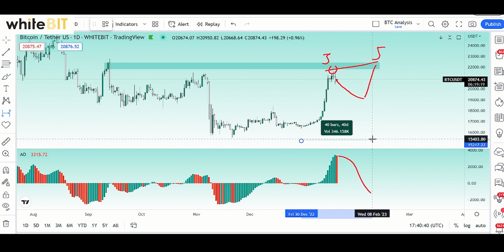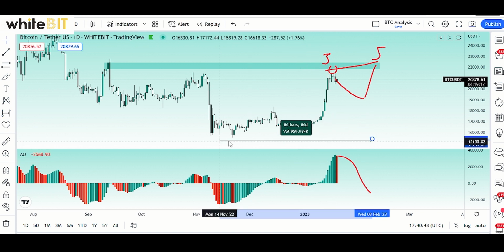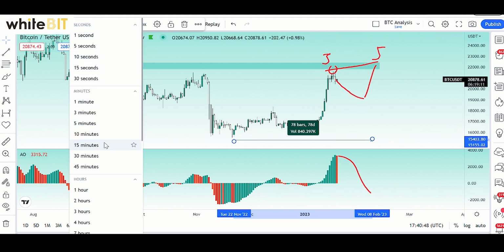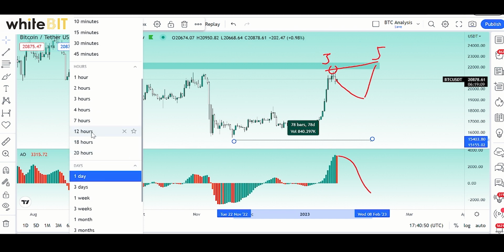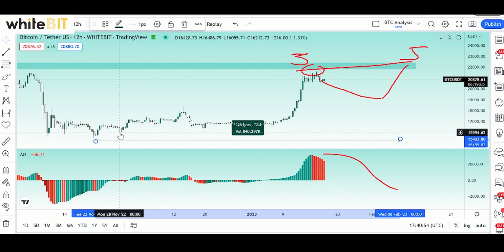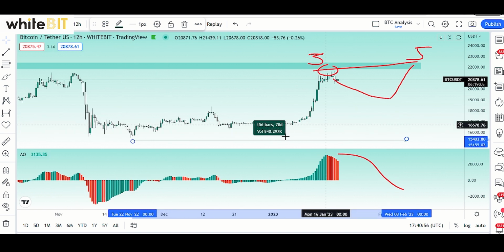Let's measure the entire wave cycle. We can see that the 1-day time frame is not appropriate for the trading chaos approach, so let's switch to 12 hours, which is appropriate for our analysis.